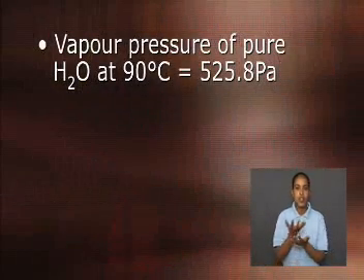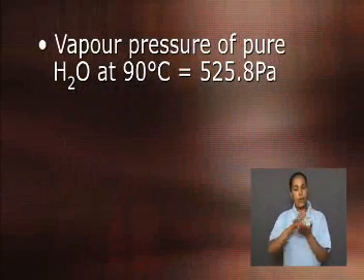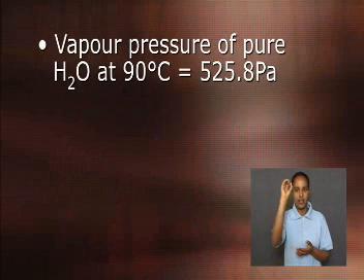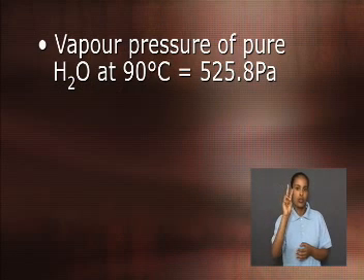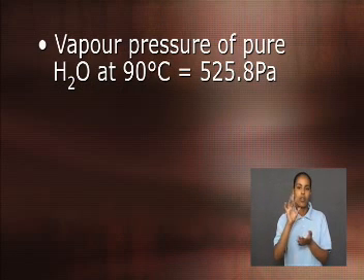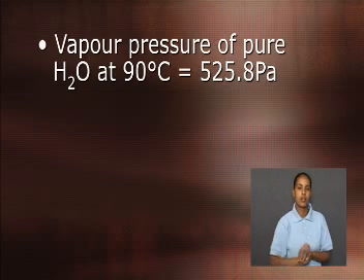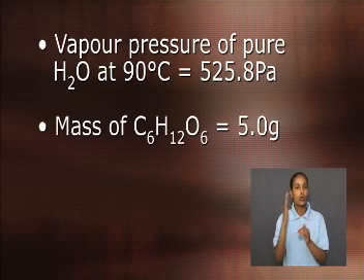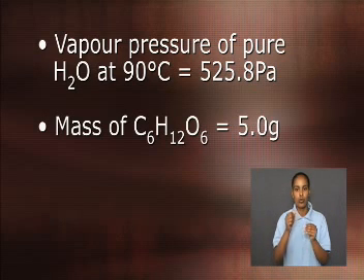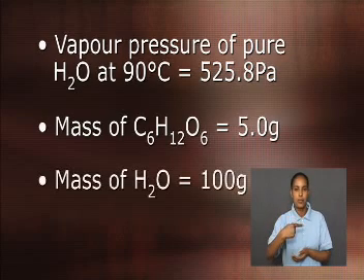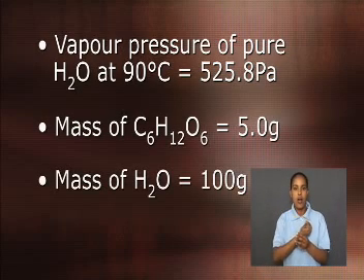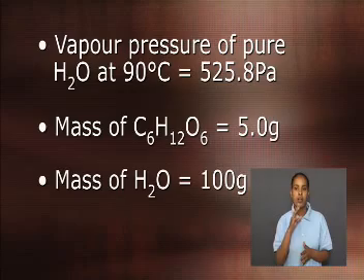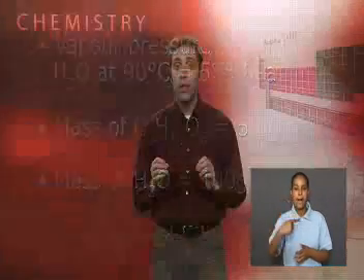The vapor pressure of pure water at 90 degrees Celsius is 525.8 pascals. We also know that the mass of our solute glucose is 5.0 grams, and the mass of our solvent water is 100 grams.